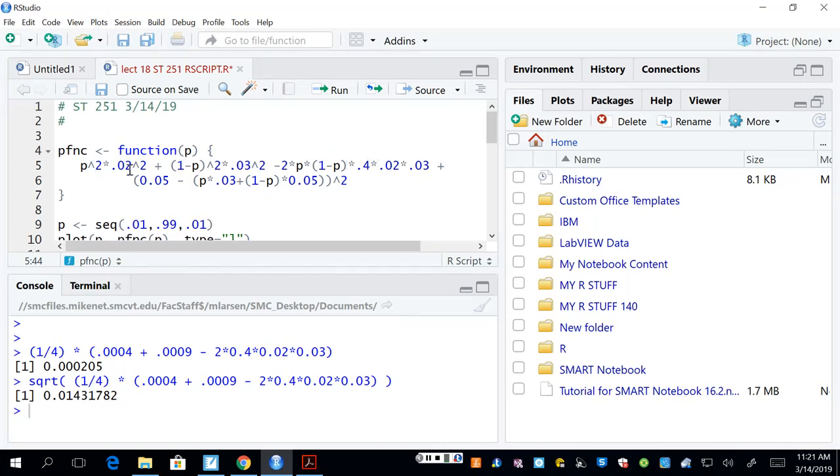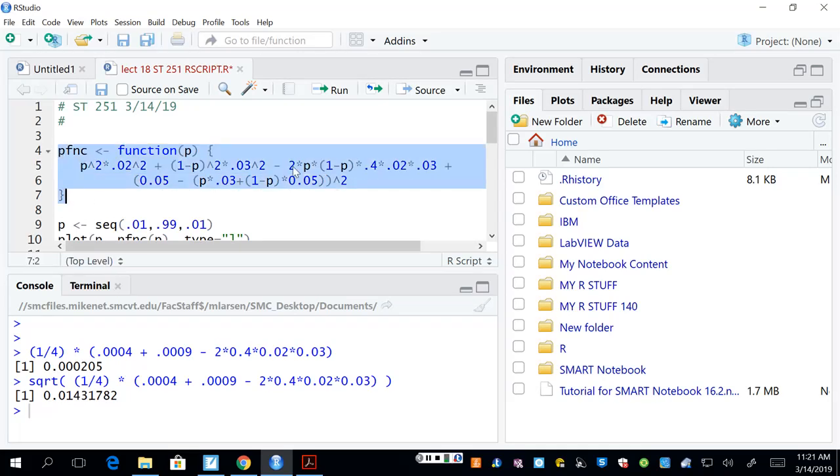So 0.02 was the standard. That's the variance. The p squared times 4 minus p squared minus 2 times the covariance. Does it need to be negative 0.4? I put the negative up here. Yes, it's negative, and that negative is there exactly because of the covariance. So that's my function.